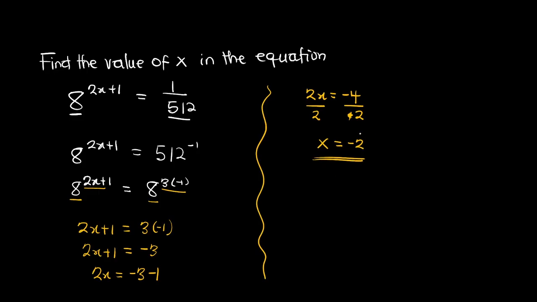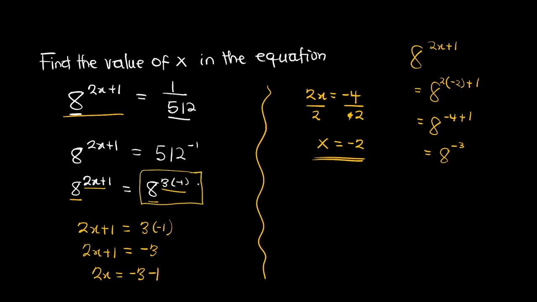What it means is that if I substitute the value of negative 2, the answer I get should be equal to what I have on the right. So if x is equal to negative 2, taking my left hand side, I'll have 8 raised to the power 2x plus 1, which is 8 raised to the power 2 times negative 2, plus 1. 2 multiplied by negative 2 gives negative 4, plus 1 gives negative 3, which is the same as what we have.